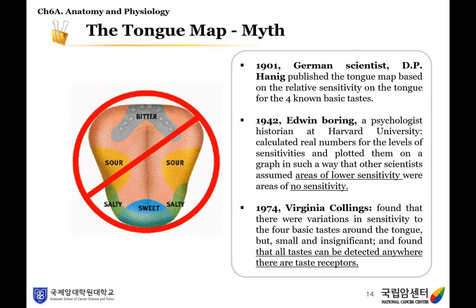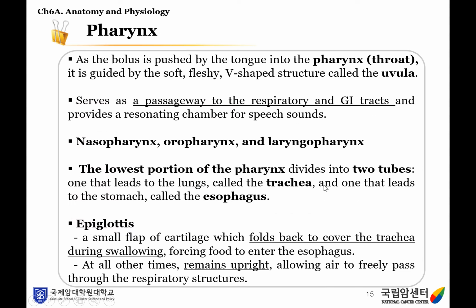But in 1974, Virginia Collins found that there were variations in sensitivity to the 4 basic tastes around the tongue, but small and insignificant, and that all tastes can be detected anywhere there are taste receptors. So each taste area is found to be a myth.